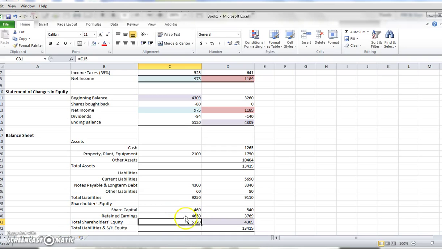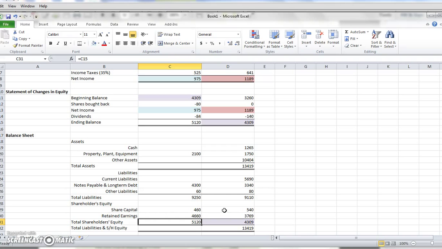And there you are. There you've got the retained earnings of 4660. Now people have asked, why did the share capital go down? Well, if you remember from here, the company bought back 80 in shares. So 540 and you subtract 80 gives you the 460.